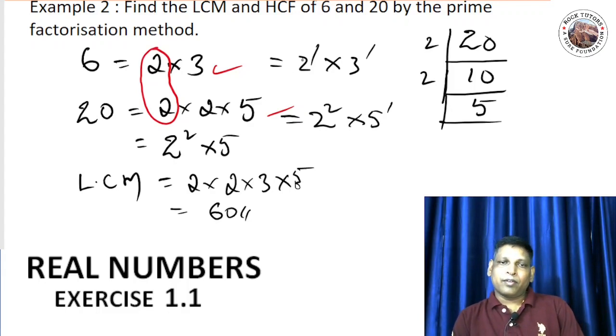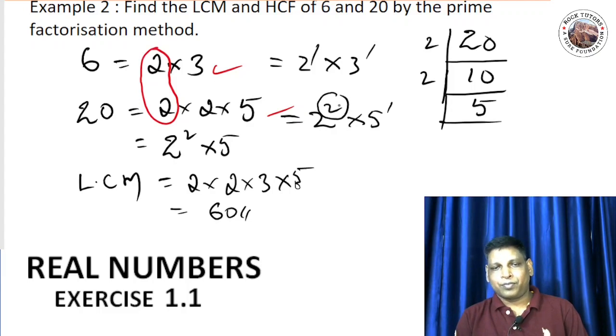Observe here, 2 power 1 and 2 square. Which is the greatest power? The product of the greatest powers. There are two common numbers, 2 and 2. Which has the greatest power? We will take 2 square and the product of the remaining numbers.